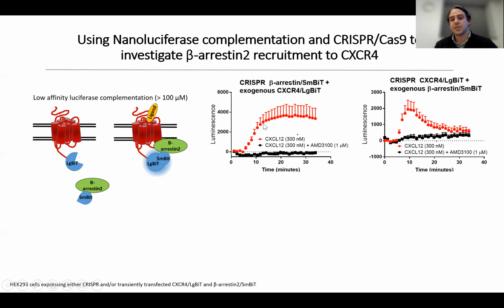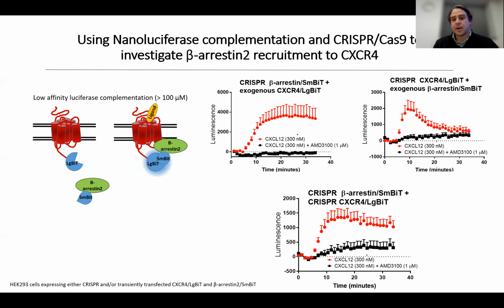You see it's a very stable kinetic profile of arrestin recruitment. But if we change this assay orientation, so we now have genome-edited CXCR4 looking at recruitment of overexpressed arrestin, it's a very transient kinetic profile. Again, this is showing us that depending on the relative levels of receptor and arrestin expression, we do see differences in the kinetics and pharmacology of recruitment.